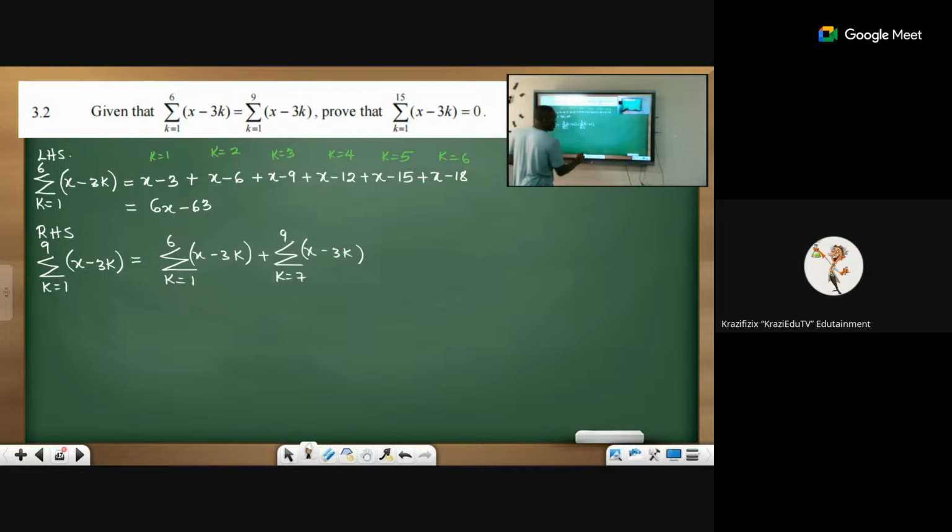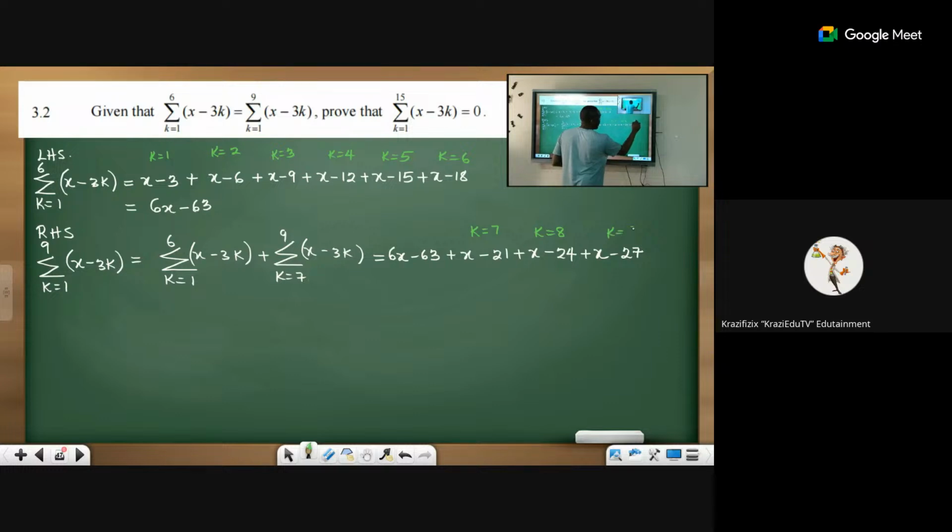So this can be written as 6x minus 63, plus x minus, and I'm just doing a short form here. When k is 7, what do we have? Minus 21. When k equals 8, what do we have? 24. k equals 9, 27. Remember, I am now saying k equals 7, k equals 8.